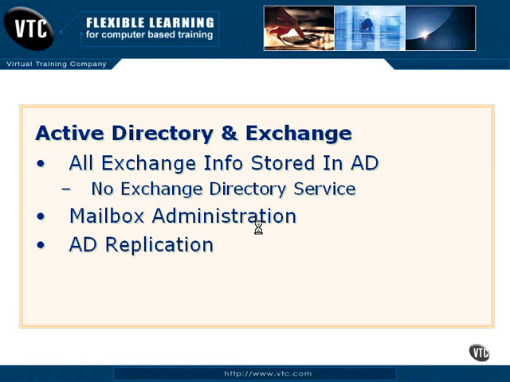Now, I'm going to give you a brief overview of Active Directory in the upcoming video, so just hang in here with me a second. But this information is automatically being passed around everybody in our entire organization. So when we begin to add mailbox information to that, it automatically begins to travel around the organization, and now every server has knowledge of where everybody else's mailbox and particular user object is located.